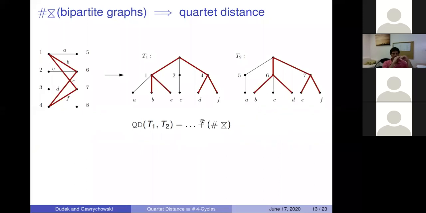In particular, when you think about a cycle in the input graph, so this is a cycle B, D, F, E, it corresponds to choosing those 4 leaves, 4 labels, and you can see that they induce a different topology, okay? Because here B meets with E, and here B meets with D. So in the quartet distance, you will have something plus the number of 4 cycles. And then it turns out that this something can be computed in linear time. So it consists of simple shapes, okay?